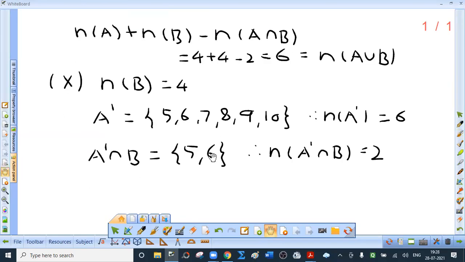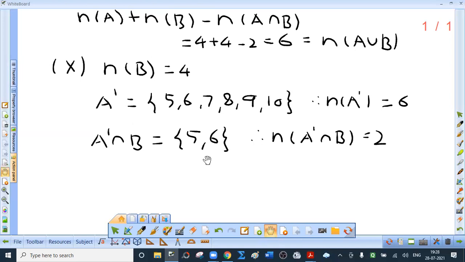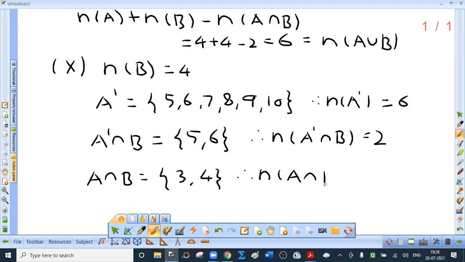We are interested in this. What is A intersection B? Elements which are common. Just check this: 3, 4. These are the only two common elements. So n of A intersection B is nothing but 2.